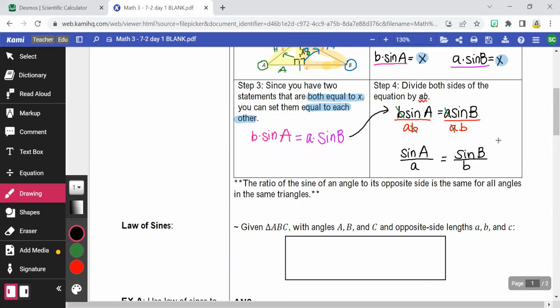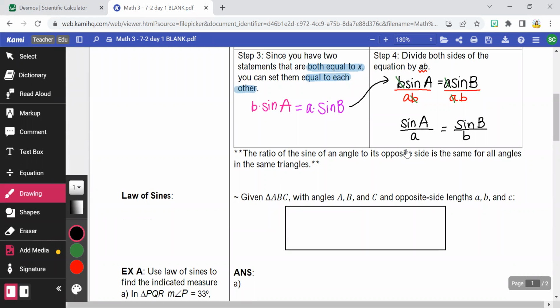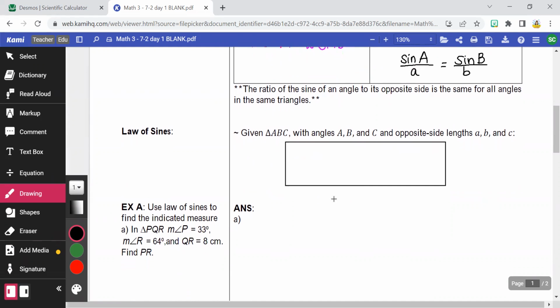Since there's a third side C and a third angle C, we're able to add that on. So the sine of every angle in a given triangle, sine of A, sine of B, and sine of C, over the opposite side, the same letter but lowercase, is equal for all angles and sides within the same triangle.